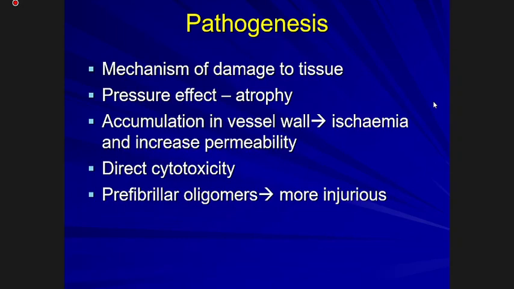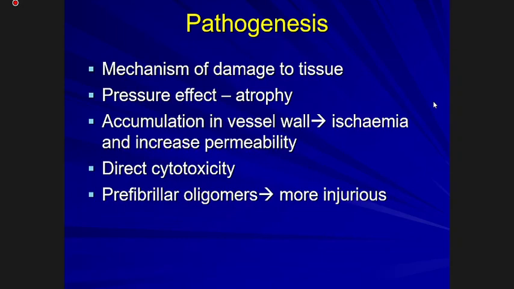In the next few slides, we are going to talk about the dangers of this amyloid protein. You now have the deposition of these abnormal proteins in all different organs. So what damage can it do to the tissue? These amyloids are dangerous because they can cause a few kinds of damage.